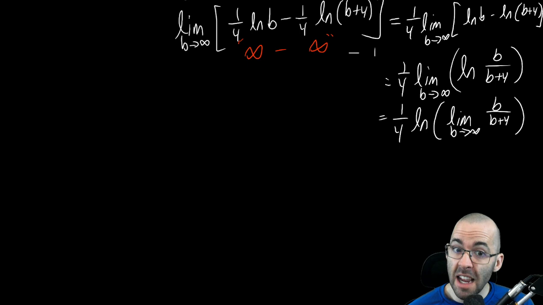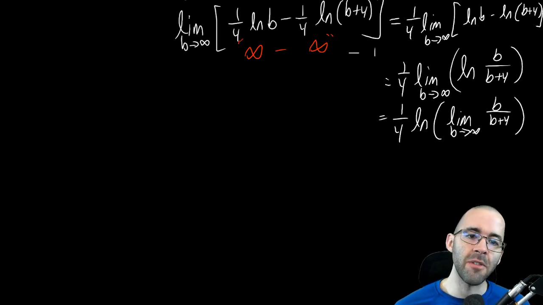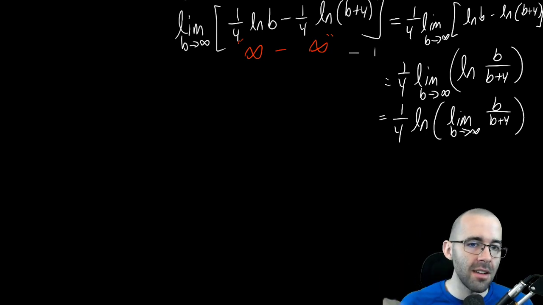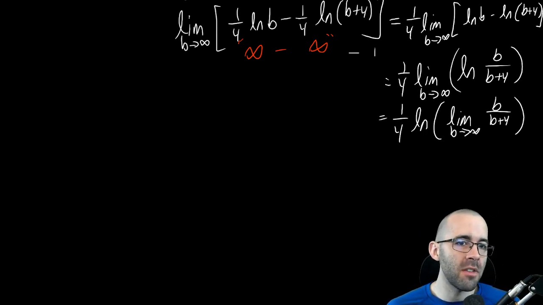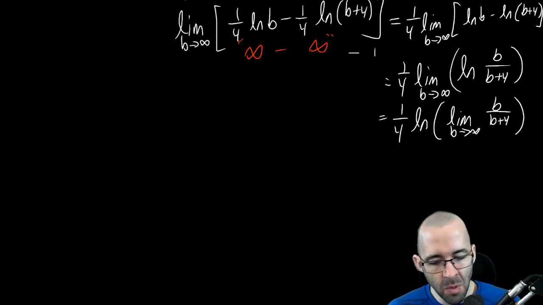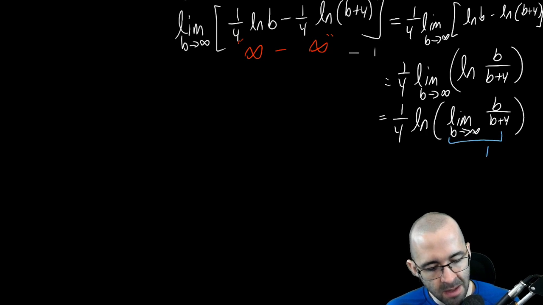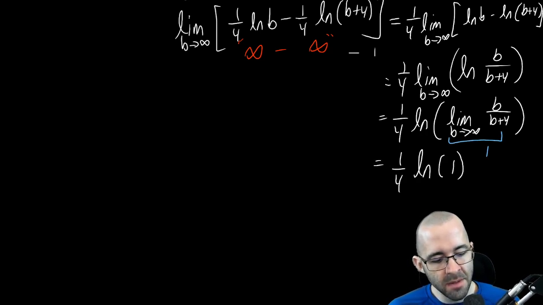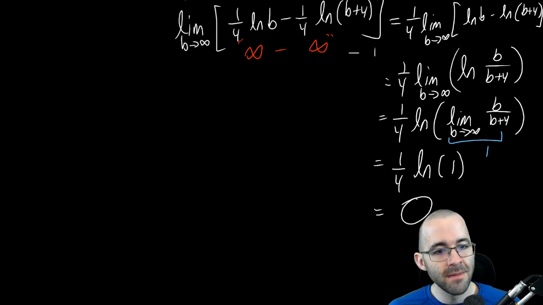If the degree is the same, which we have, linear function on the top and the bottom, linear function of b anyway, then we just look at the leading coefficients. So we're going to get that this limit is 1 divided by 1. This limit's 1. So that leaves us with 1/4 times ln of 1. What's the natural log of 1? 0.